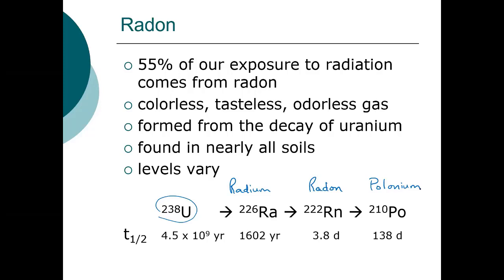I've also given you the half-life. So you can see the half-life of uranium is on the order of 10 to the 9 years. On the other hand, the half-life of radon is on the order of 4 days. So it's decaying much more rapidly than is uranium.